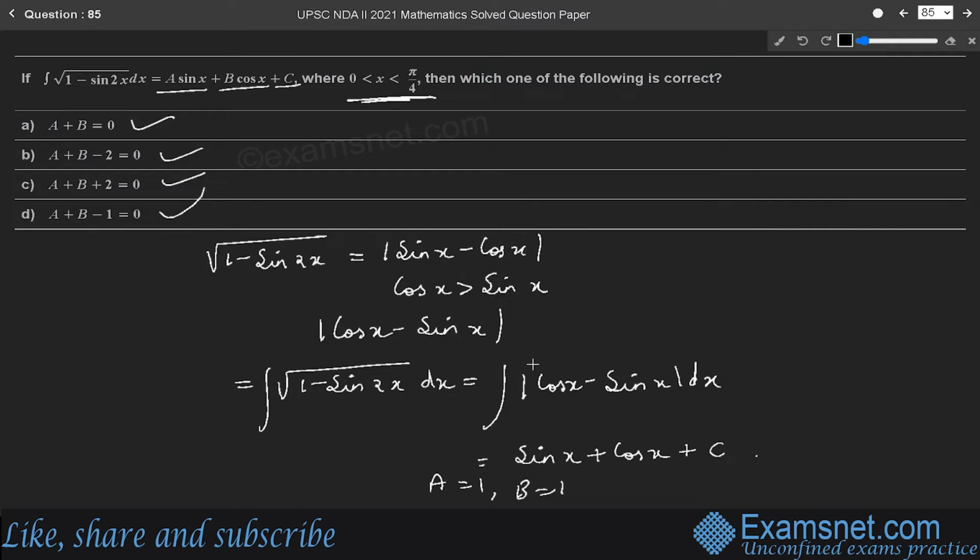So the option will be a plus b minus 2 is equal to 0. This option will satisfy it, because let us put the values. 1 plus 1 minus 2 is equal to 0. 2 minus 2 is equal to 0. Yes, 0 is equal to 0. So option number B satisfies the given values of a and b. So the correct option for this question is option number B, which is a plus b minus 2 is equal to 0.